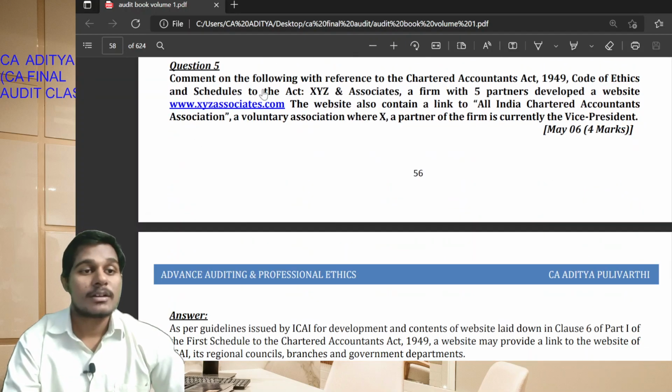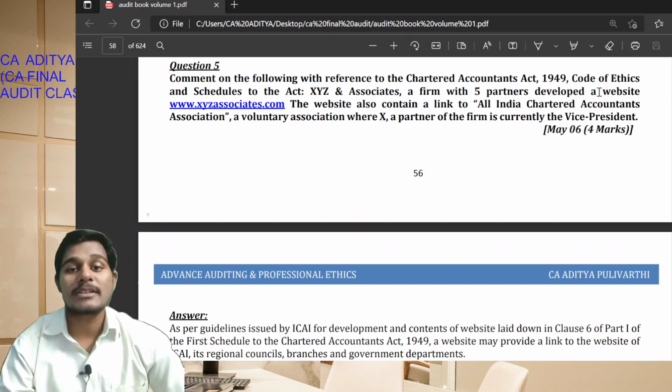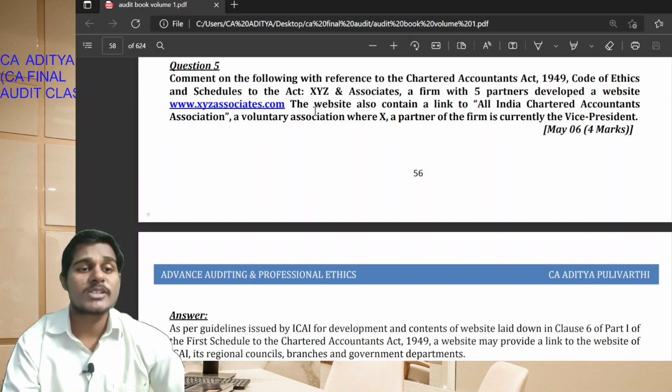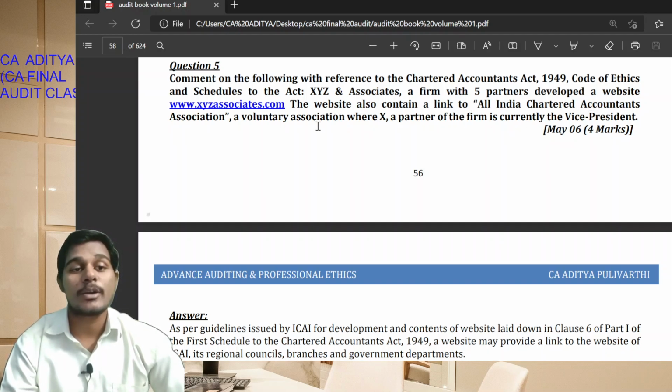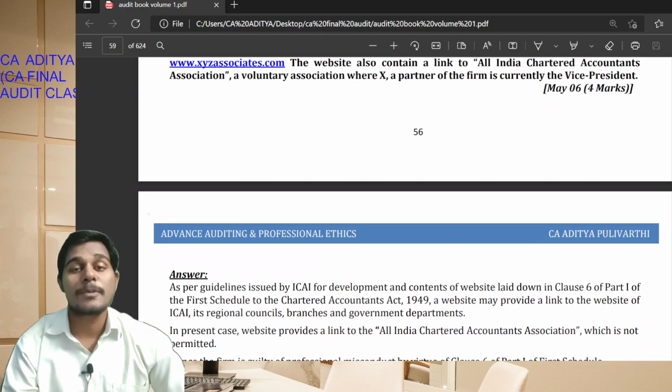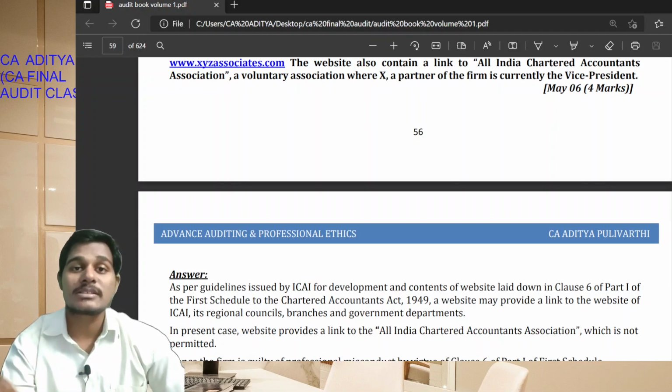See students, XYZ and Associates, a firm with 5 partners, develops a website, XYZ Associates. The website also contains a link to the All India Chartered Accountants Association, a voluntary association, where Mr. X is a member of the firm. See students, a chartered accountant has to prepare a website and it should contain the details of his works and clients.